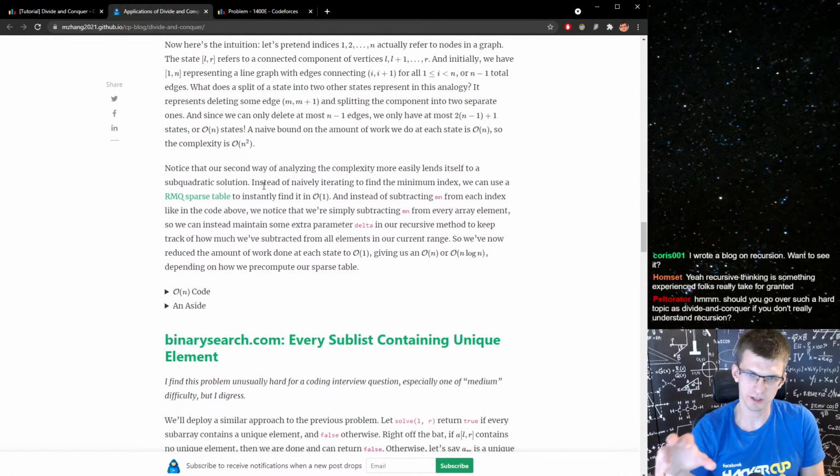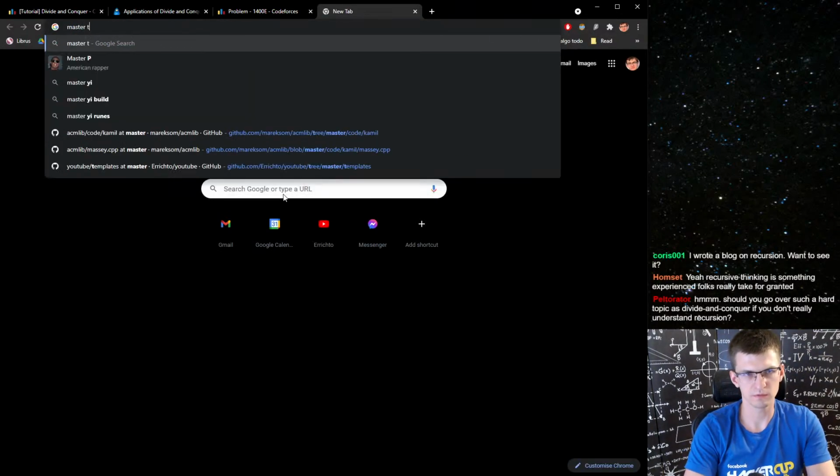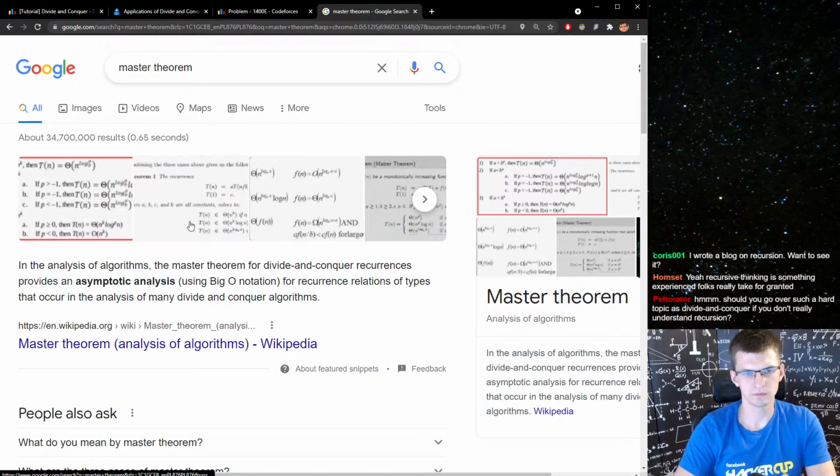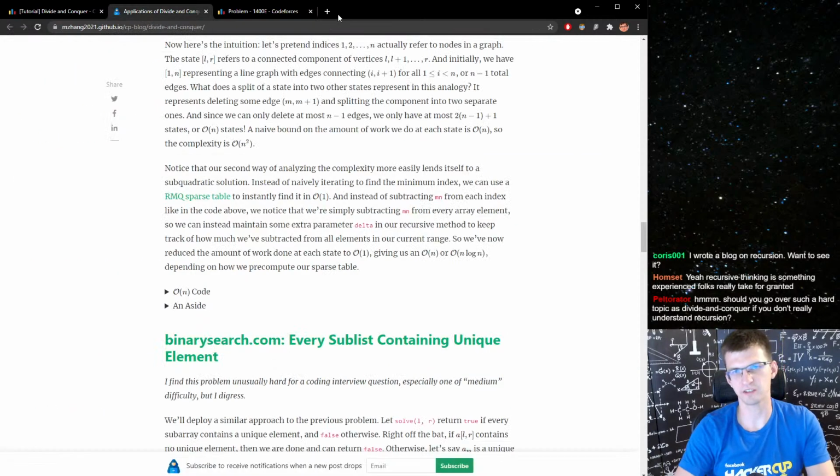Or maybe they should use this black box tool of Master's theorem. Or Master theorem? Master theorem. I always said Master's theorem.